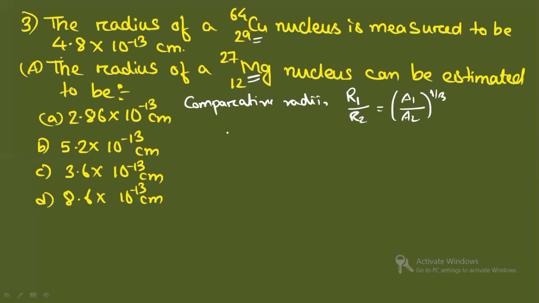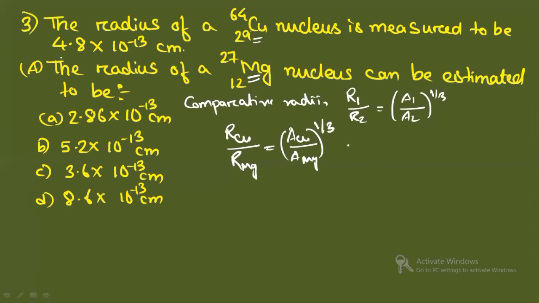That means radius of Cu divided by radius of Mg is equal to the mass number ratio, and it is whole to the power 1 by 3. All right.